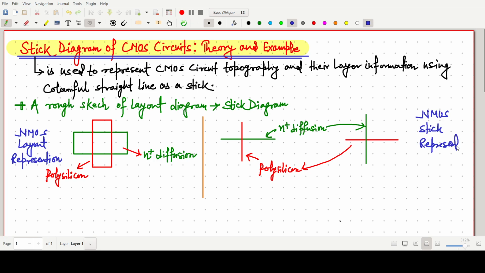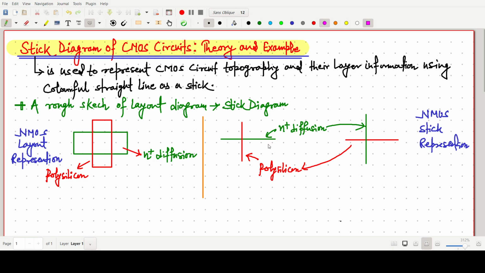Okay, now today we will discuss the stick one, not layout, but here it is in terms of blocks, and in stick it is just in terms of line. Okay, so this one is for the all NMOS representation. So polysilicon is this red one having a red color, and this green one is a N plus diffusion region.